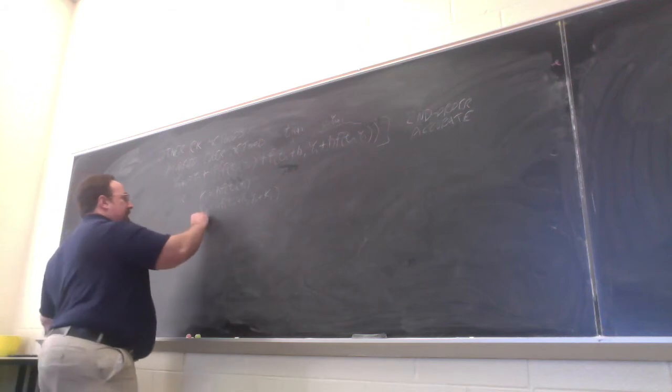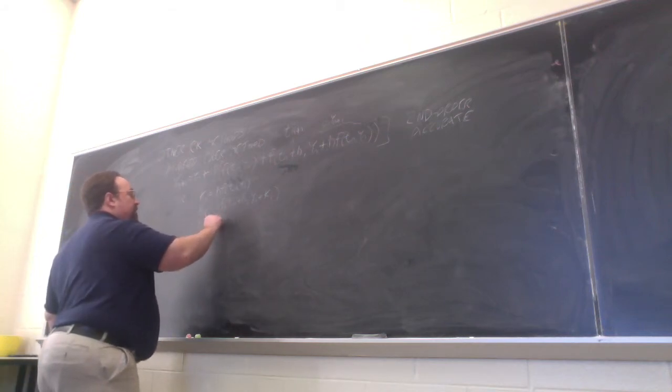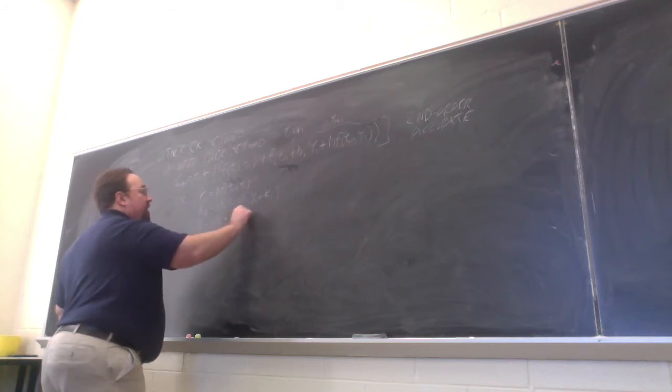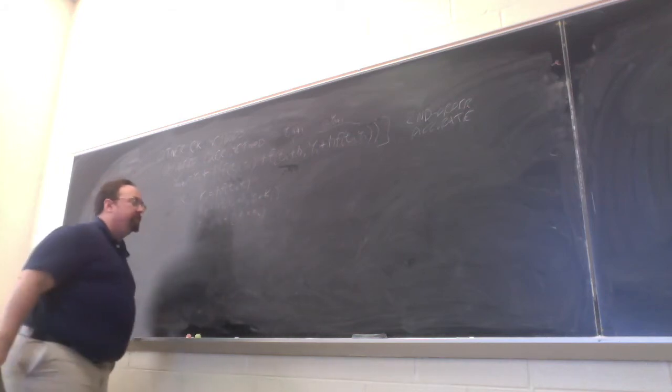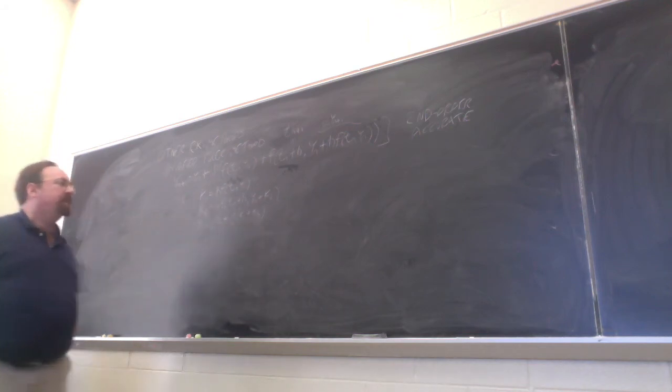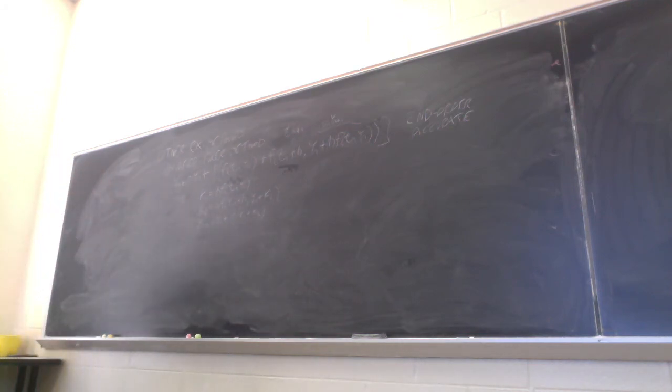But then y_{n+1} is equal to y_n plus 1/2 of k1 plus k2. So this is different from the midpoint method, where only k2 is involved in the final step to get y_{n+1}.